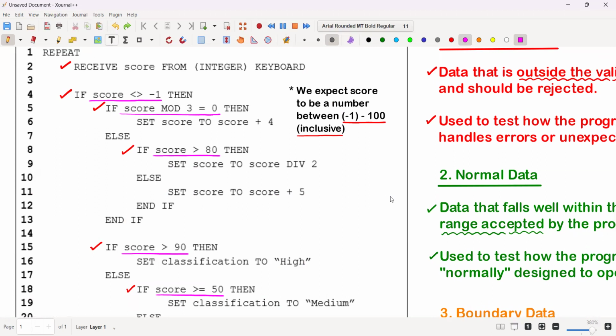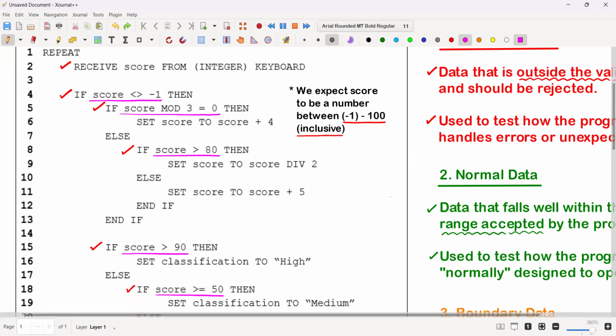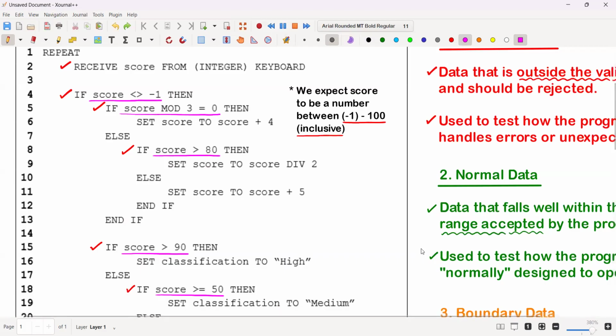I mean, if you think about it, all expressions always result in true or false, but we're supposed to look at what kind of value is accepted here for this expression. Here, the value could be either -1, which accepts the condition, or it could be not -1, which doesn't accept the condition. So if the output itself is binary, then we can't look at boundary data for such expressions, right? But we do have normal and erroneous data.